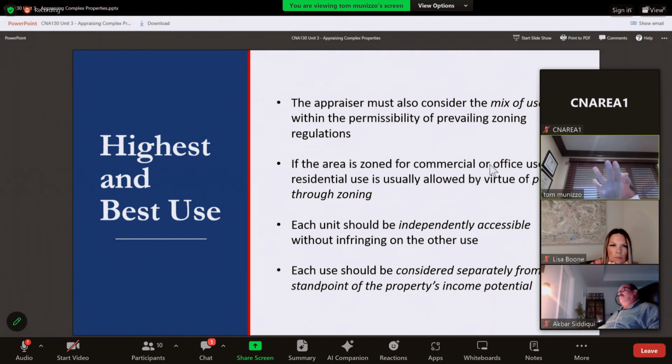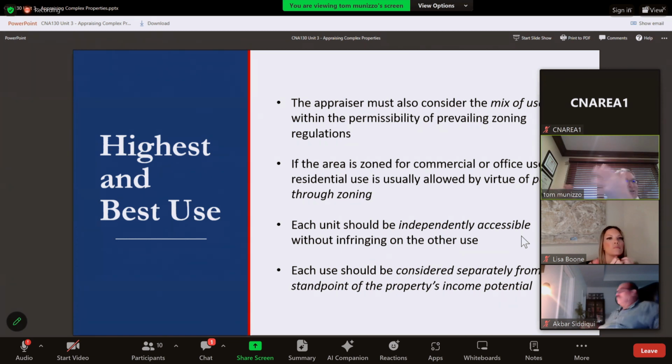If it's zoned for commercial or office, residential use is usually allowed by virtue of pass-through zoning. That was what I was talking about earlier, that interim use. Each unit should be independently accessible without infringing on another use. That's important, because I can't tell you how many times I have walked through a store, opened up the back door, and I'm right in the apartment behind the store.